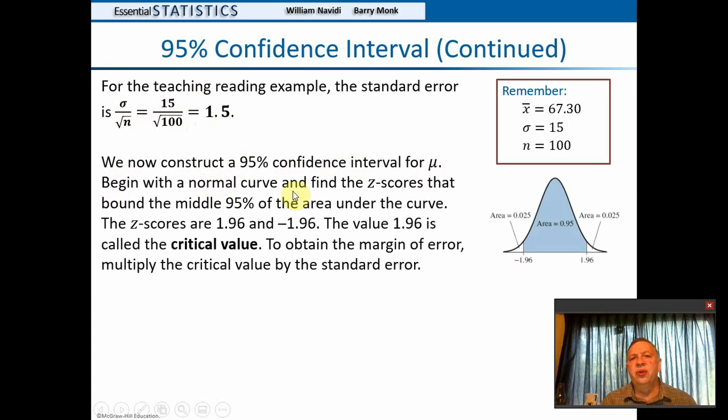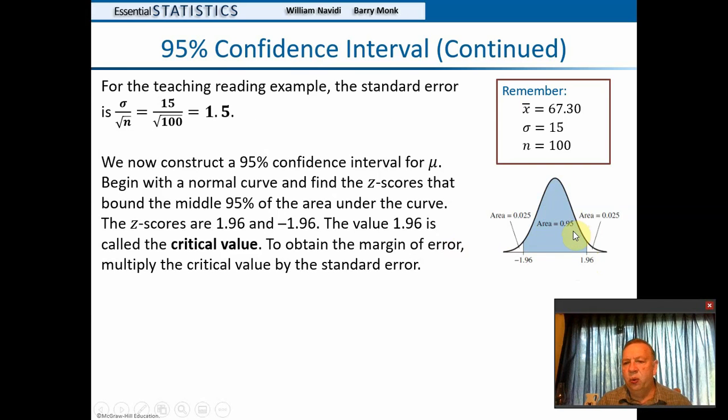So we're going to start with a normal curve, and we're going to develop z-scores that bound the middle 95%. Whatever confidence interval we want, at that confidence we say, okay, here's the inside area, and then we find the values that separate the inside 95% from the stuff outside.